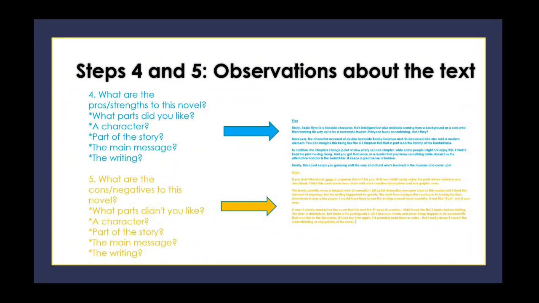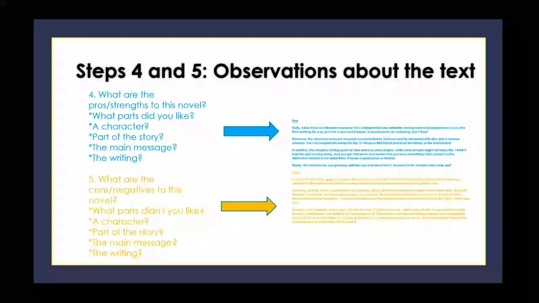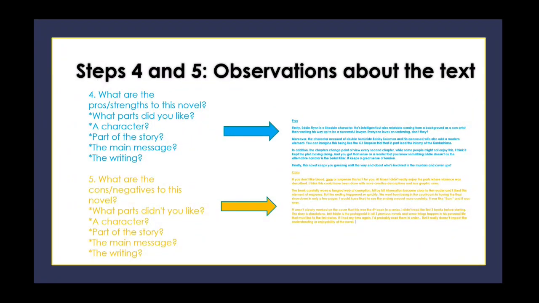If you say that you did or didn't like a particular character, why? If you did or didn't like the main message or the writing, why? Make sure that you maybe include some quotes in this section. That could also be really handy. Let's zoom in and have a look at my pros and cons.